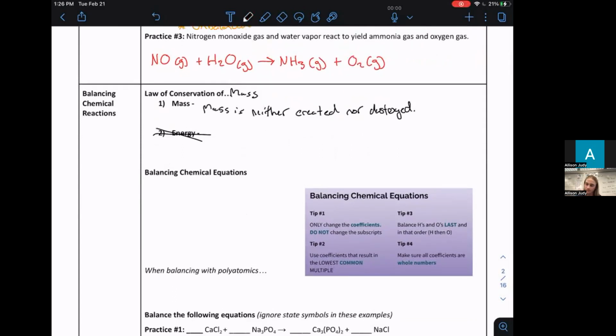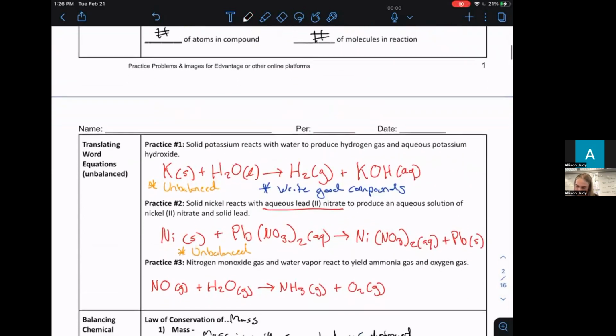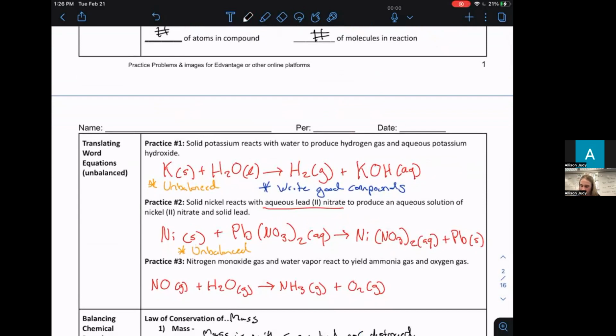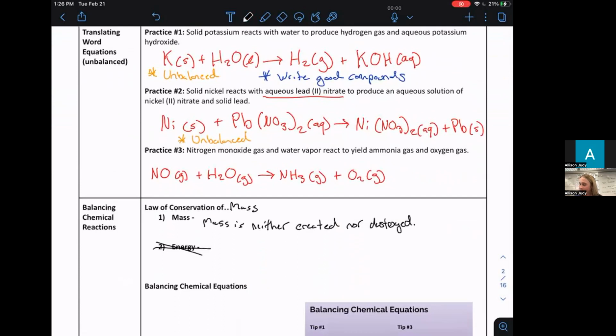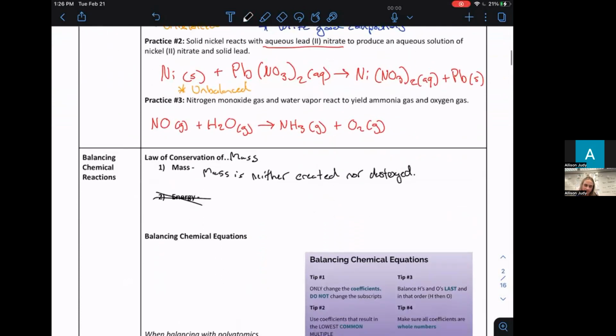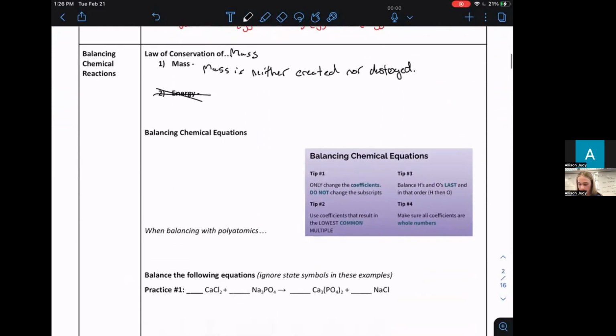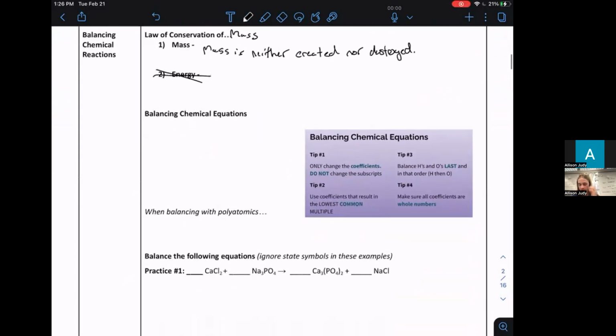Hayden had a good point earlier: we started with 2 hydrogens and ended up with 3, and that's just not possible. When you're balancing, you have to have the same number of each type of atom at the beginning as you have at the end. If you start with 3 hydrogens, you're going to have 3 hydrogens at the end. We're not changing what kind of atoms we have in this class anyway.